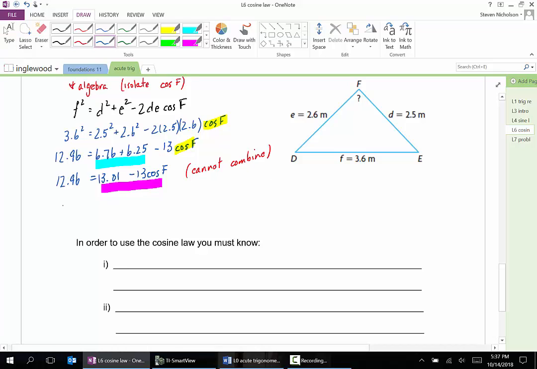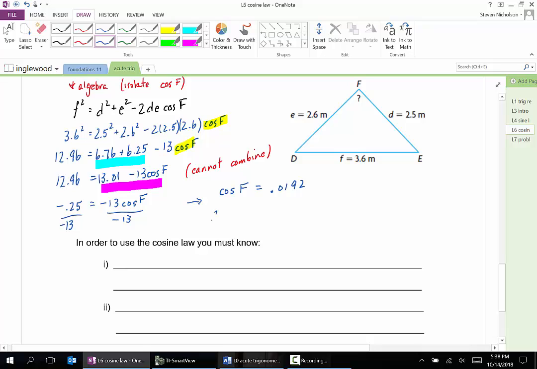Subtract 13.01 from both sides, and we end up with negative 0.25 is equal to negative 13 cos F. And then in order to get rid of the negative 13, we're going to divide each side by negative 13. And what we get is the cosine of F is equal to 0.0192.